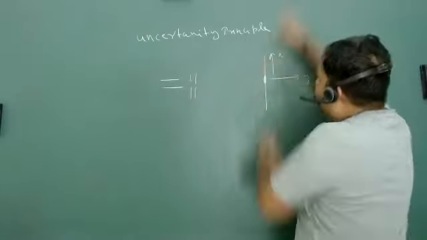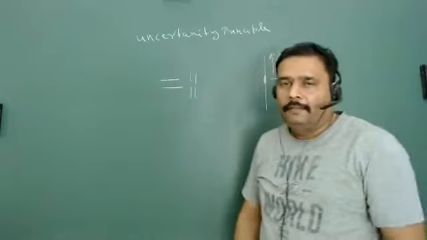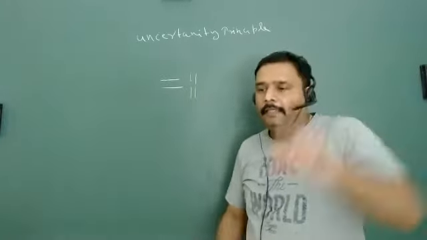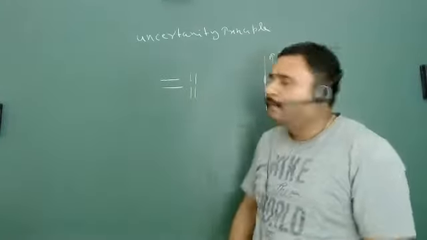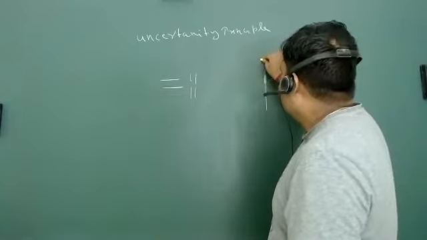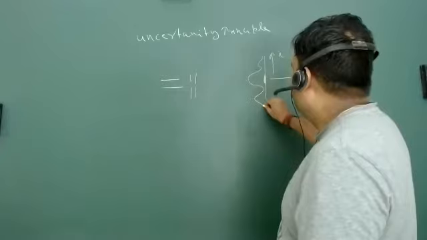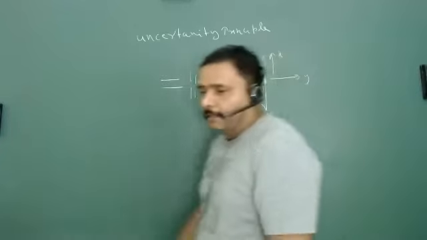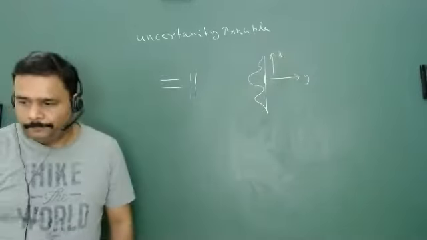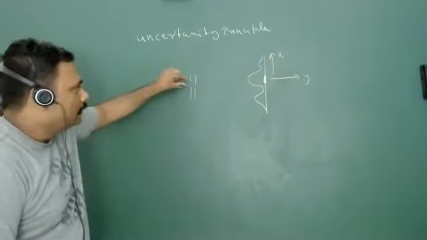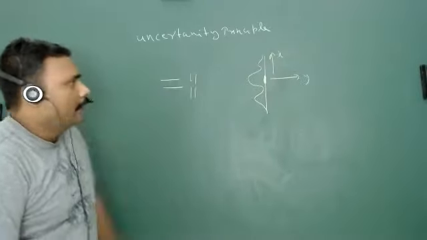This light will spread. We are reducing the x part, the light is going to spread, and you will find this kind of diffraction pattern. And I can reduce this further and you have this.